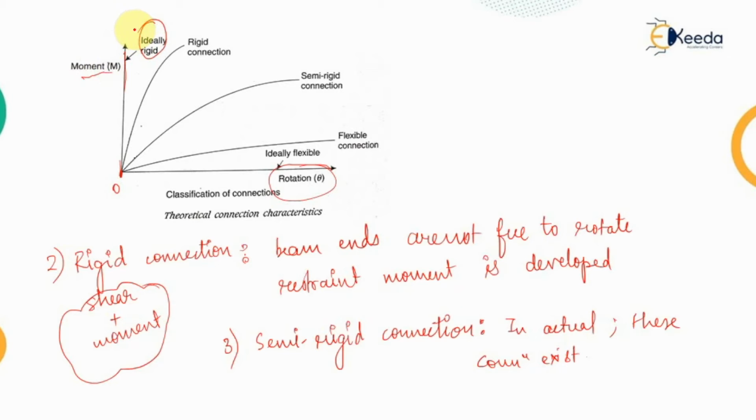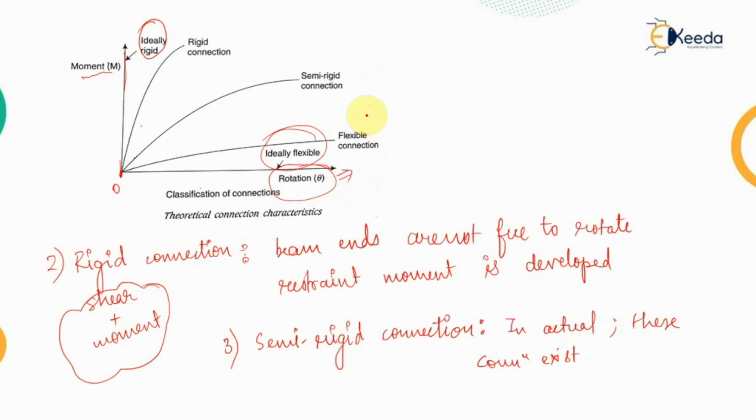So for the ideally rigid connection, the moment will be developing, but there will be no rotation for the elements. Similarly, for the ideally flexible connection, there will be no moment. That means the rotation will be allowed up to an infinite amount. So the individual elements will be allowed to rotate freely up to their limit, and there will be no restraining moment developing.